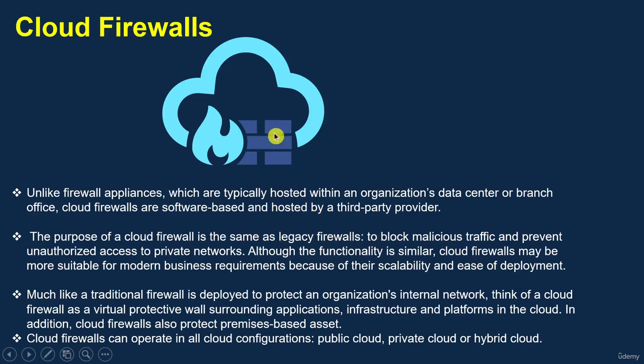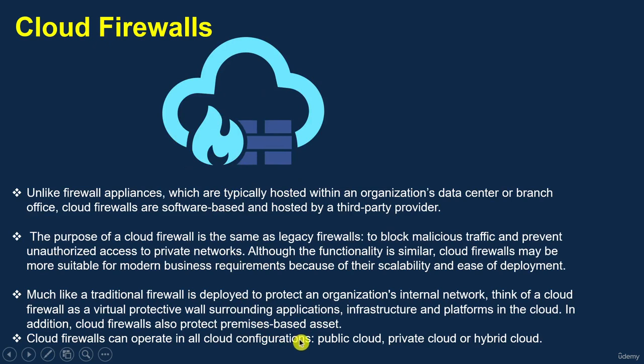That is the main duty of the cloud firewall. For example, in AWS, Google Cloud and Azure, there are SaaS applications and virtual machines. Those virtual machines and cloud resources will be protected using this cloud firewall. This is a kind of service given by the cloud vendors.